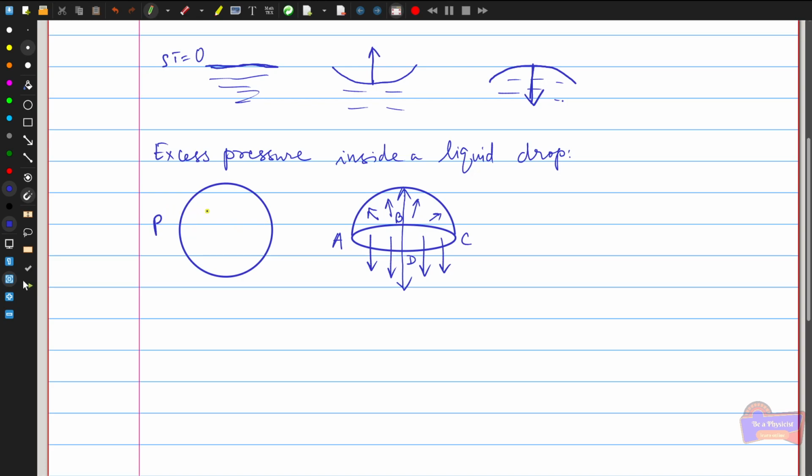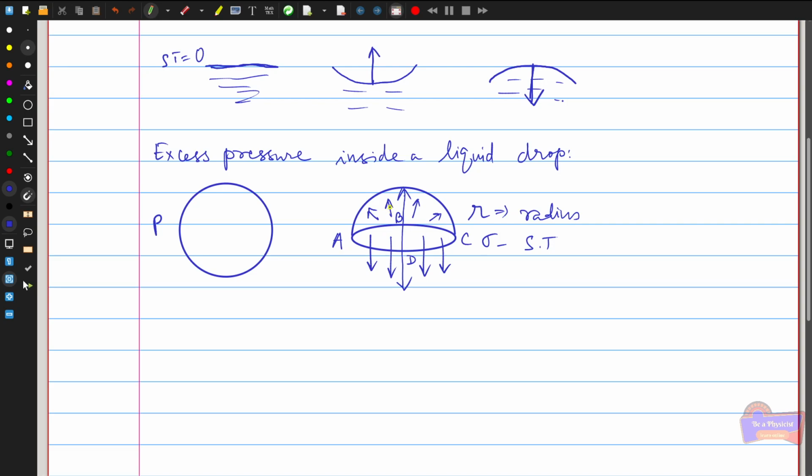That means the pressure difference between inside and outside the liquid drop is taken as P. Imagine this liquid drop is divided into two equal halves, and consider the equilibrium of the upper half, the hemisphere of the drop shown in this figure, which has radius r, and the surface tension is taken as sigma. So r is the radius and sigma is the surface tension.